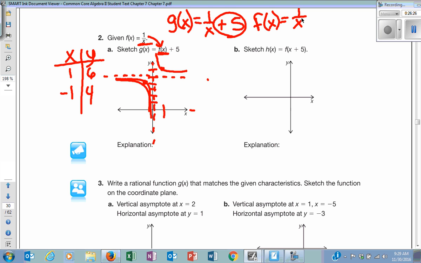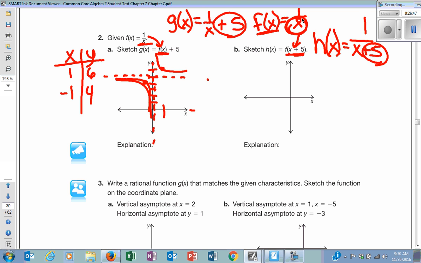If h of x, really what this means is you take the f of x function, and instead of writing this x, you write what's in the parentheses. So what this becomes is not 1 over x, but 1 over x plus 5. And what do I know this should do? That should move my vertical asymptote, and it moves it the opposite way I think, so it moves it back 1, 2, 3, 4, 5.